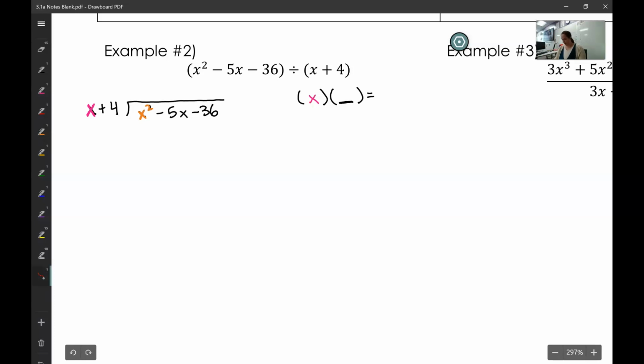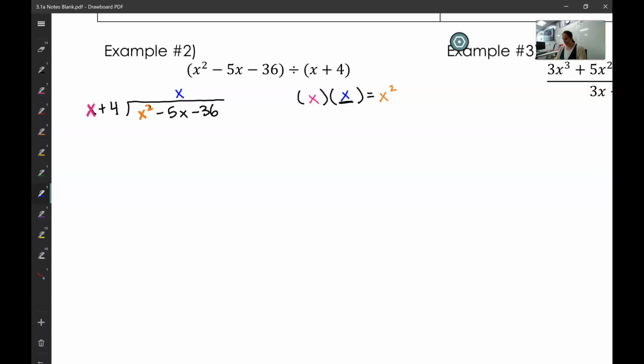So once again, I'm ignoring the rest of this and only focusing on the x squared, the orange part. And now I read this: x times what equals x squared? Well, x times x equals x squared. And whatever you write in that second parenthesis, that's what goes on top.